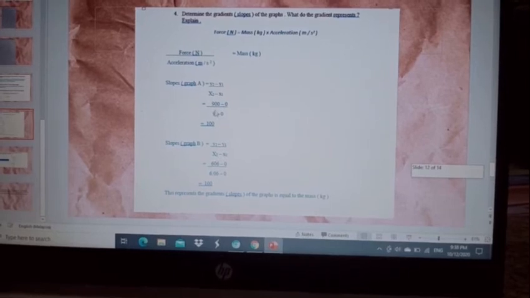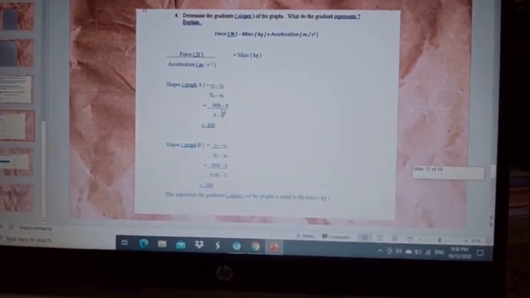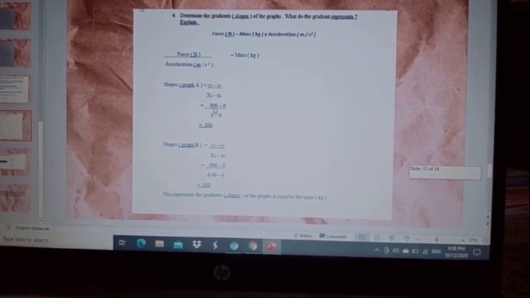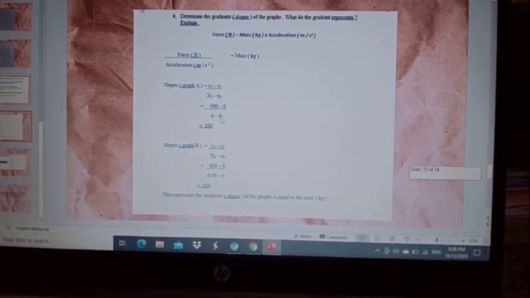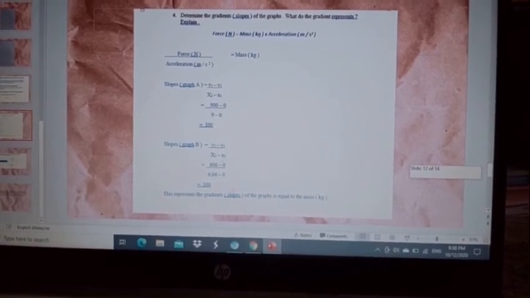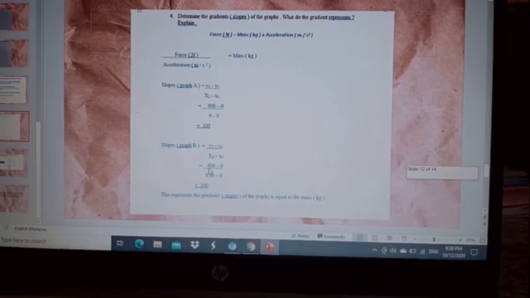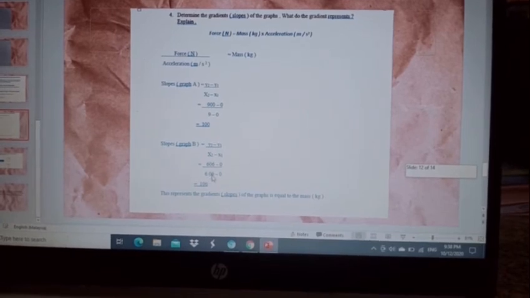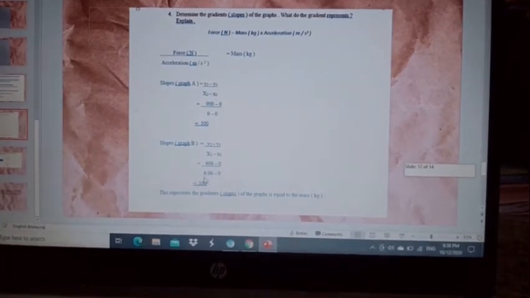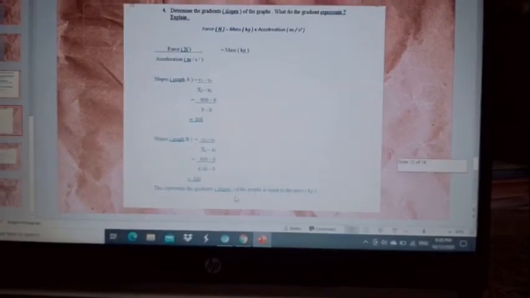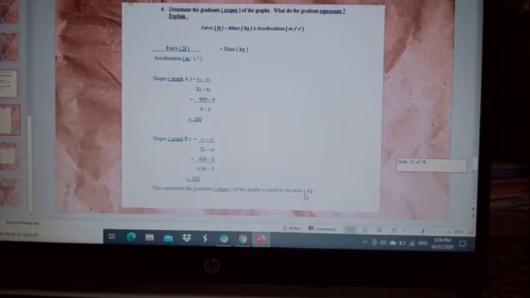We insert the values from graph A: 900 minus 0 divided by 9 minus 0, we got 100. And also for graph B, we insert the values: 606 minus 0 divided by 6.06 minus 0, and we got 100. So this shows that the gradient slope of the graph is equal to the mass.